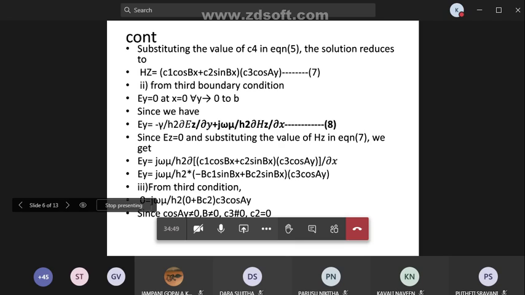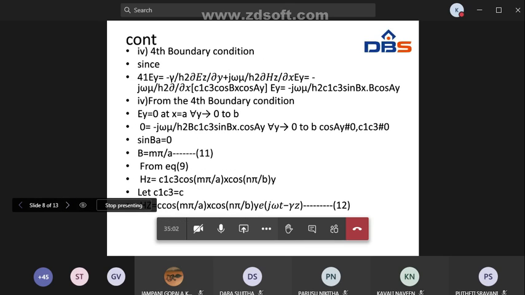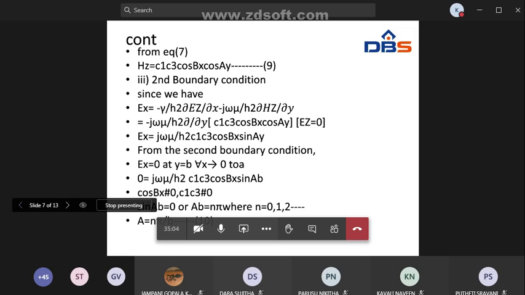So then C2 becomes 0. Only C2 equal to 0. So then this equation reduces to Hz equal to C1 C3 cos Bx cos Ay. Right? So that is the third boundary condition.